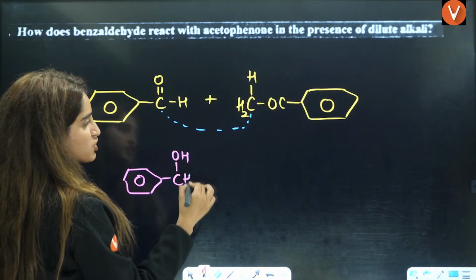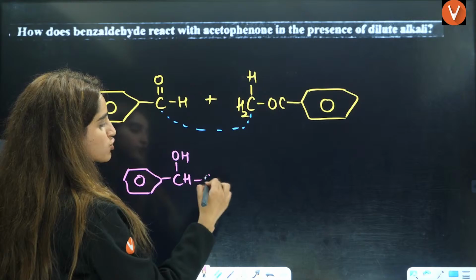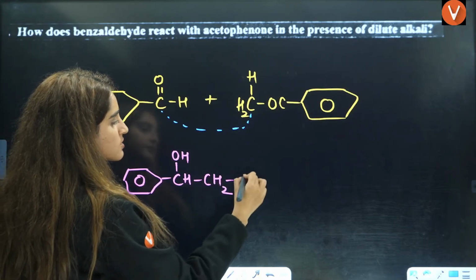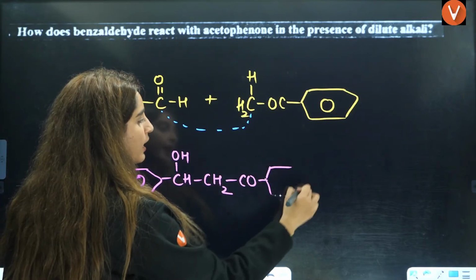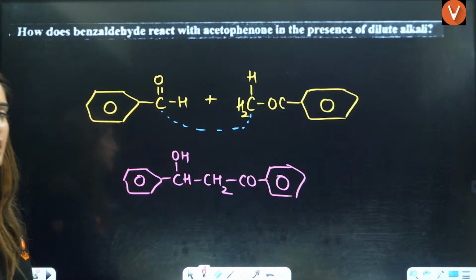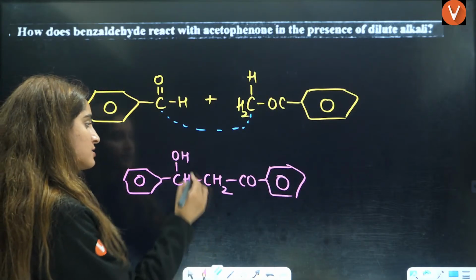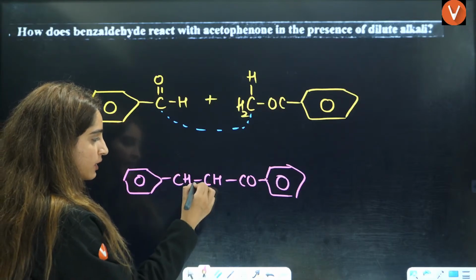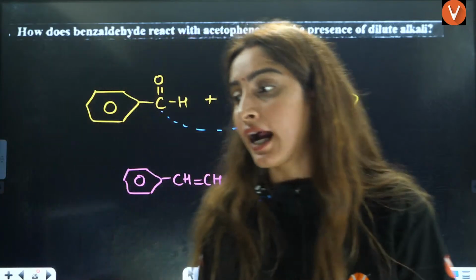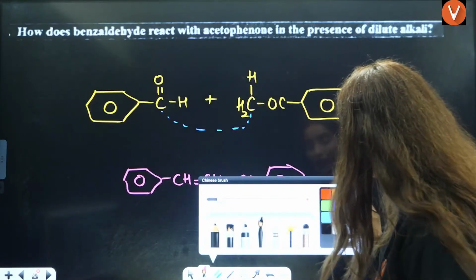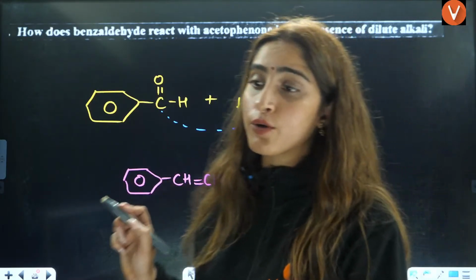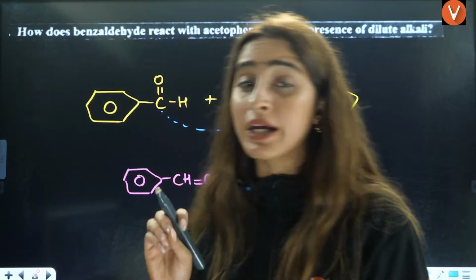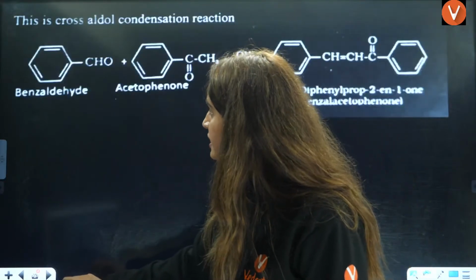This is CH. Here we are attaching CH2, then this is CO, and this is again one more benzene. Then you are doing the condensation also. So, OH is getting eliminated, H is getting eliminated, and this is the final product that you are making here. So, aldol condensation and Cannizzaro reaction are extremely important for you.